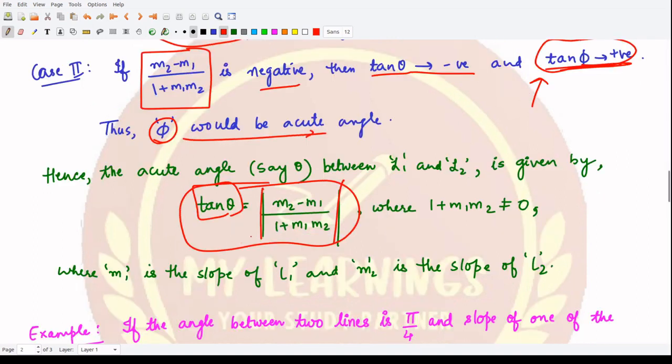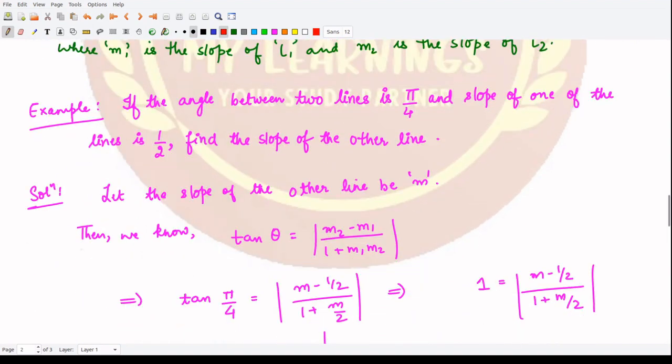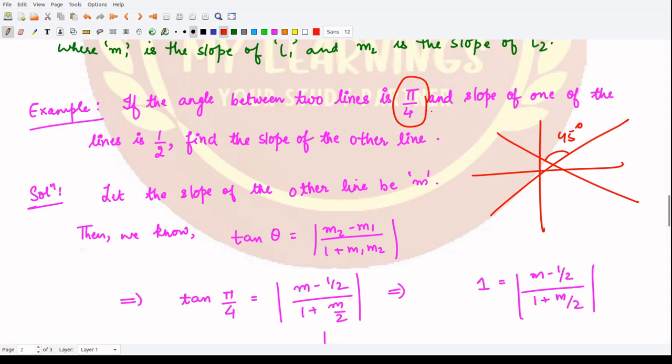So this is the formula, and you should remember this formula. Using this formula, we can have a look at one of the examples here. Say the angle between two lines, one line is given to you, another line is like this, and they say the angle between them is pi by 4, which is 45 degrees, and the slope of one of the lines, m1, is given to you as 1 by 2.